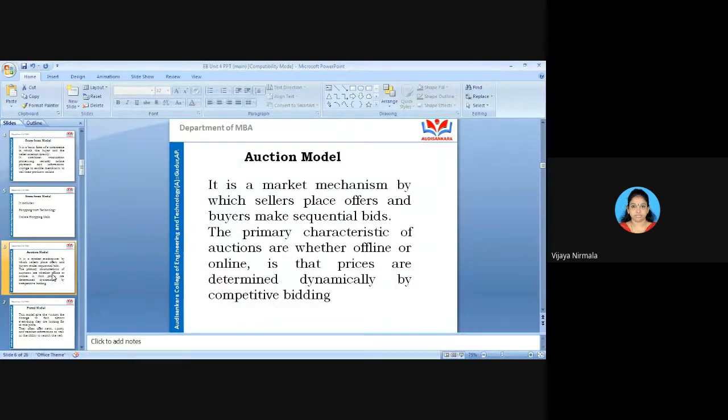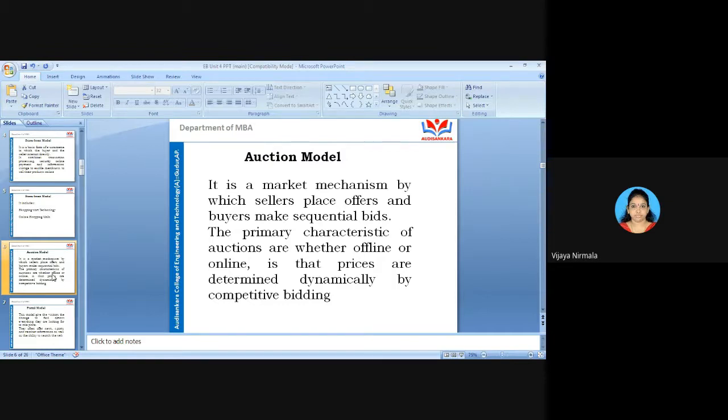eBay uses a database to manage the millions of auctions it offers. This database evolves dynamically as sellers and buyers enter personal identification and product information.